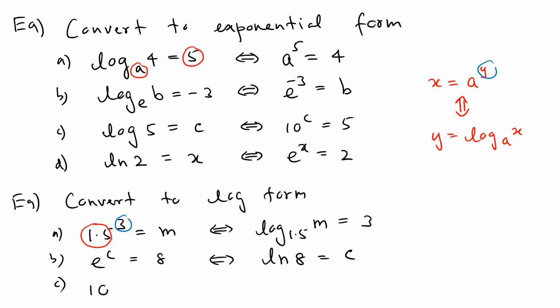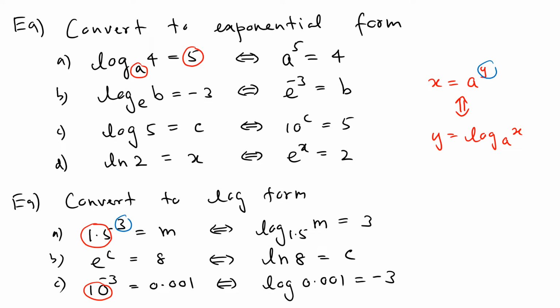Let's say 10 to the negative 3 equal 0.001. If you use the log notation, this is base 10, so we can write log 0.001 equal negative 3. Okay, so that's how you convert between the log and the exponential form.